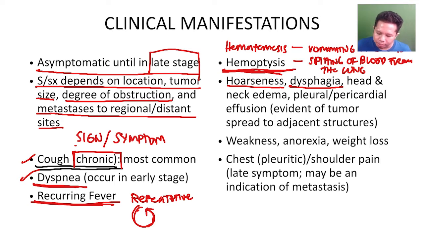Head and neck edema, so there is water or edema formation within the head and neck. And then there is pleural or pericardial effusion, evident if the tumor has spread to the adjacent structures. When they say pleural, it's more of your lungs. And when you say pericardial, it's within your heart.